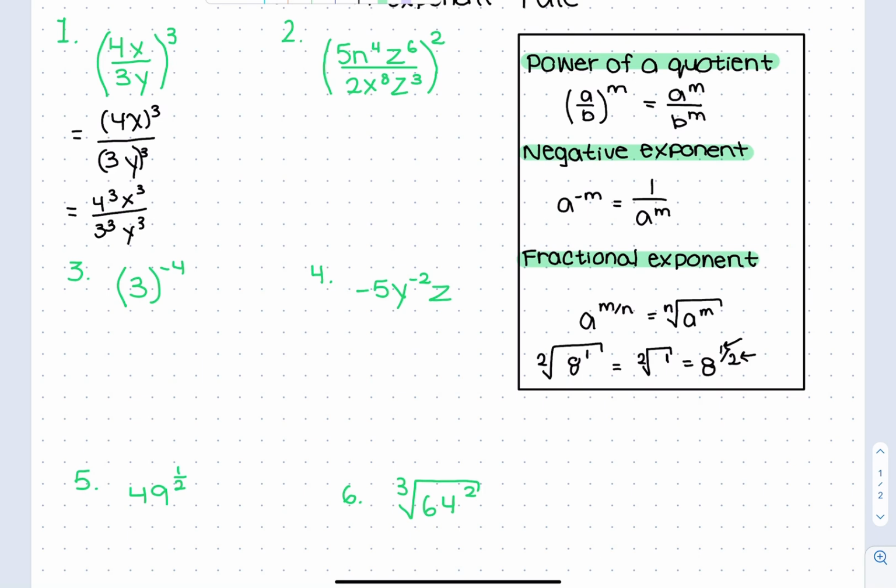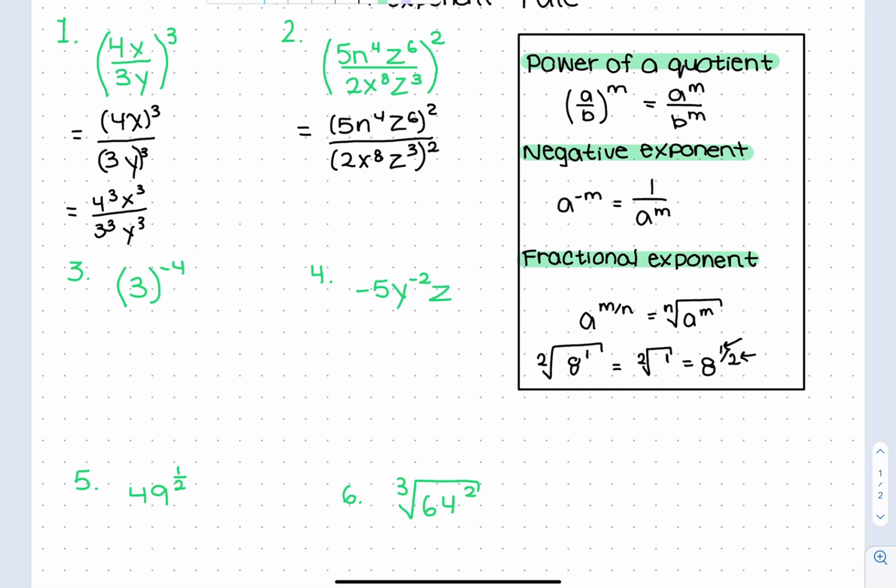Same idea here. If we take a look at this, we can apply this 2 to the top and then to the bottom. If we write that differently, we would have 5 n to the 4 z to the 6 squared over 2x to the 8 z to the 3 squared.